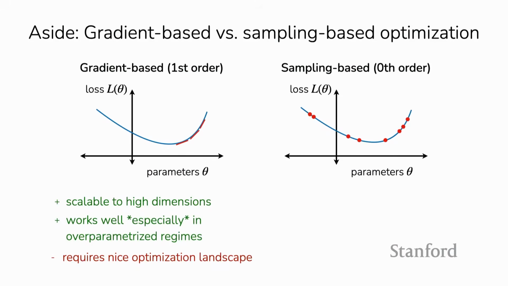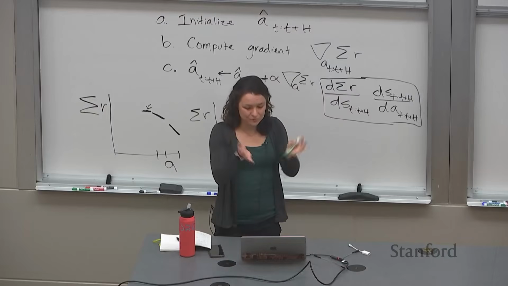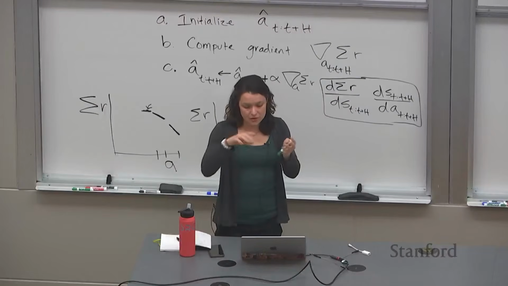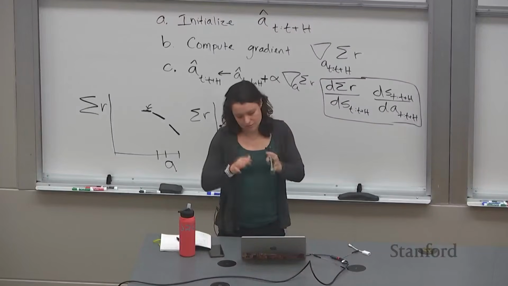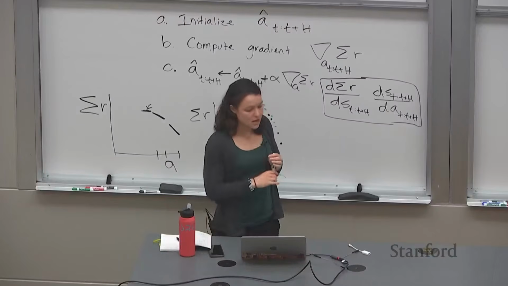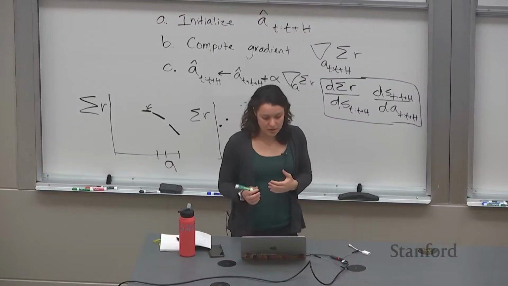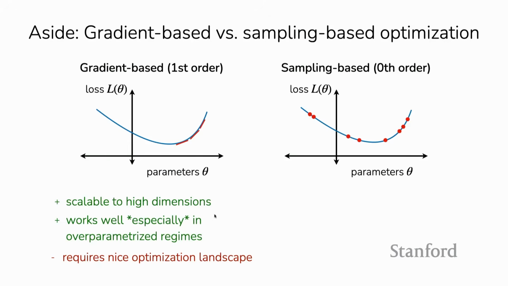The downside is that it requires a nice optimization landscape where your gradients are fairly smooth rather than not smooth. With neural networks, because they have high dimensional parameter spaces and are over parameterized, the pros end up heavily outweighing the cons here.